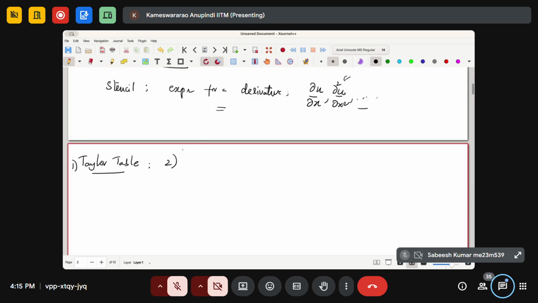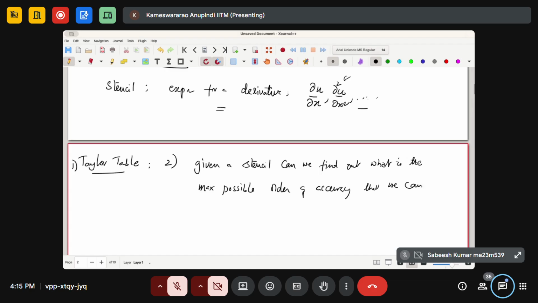The other motivation is basically, given a stencil, can we find out what is the maximum possible order of accuracy that we can obtain for a derivative?